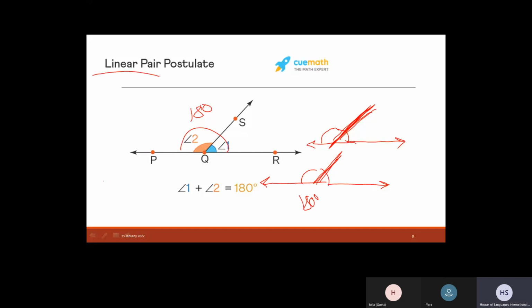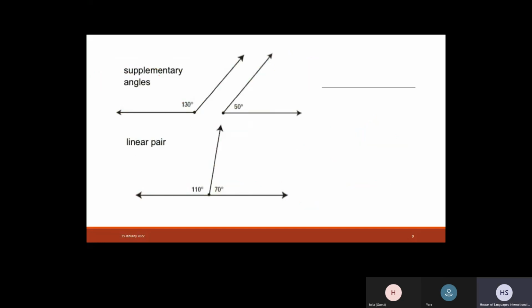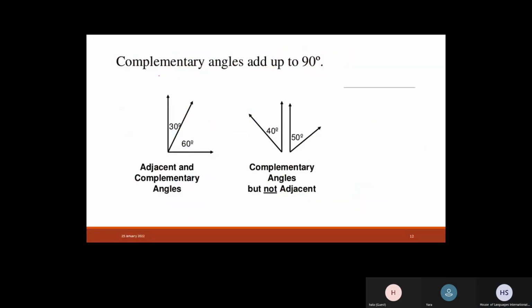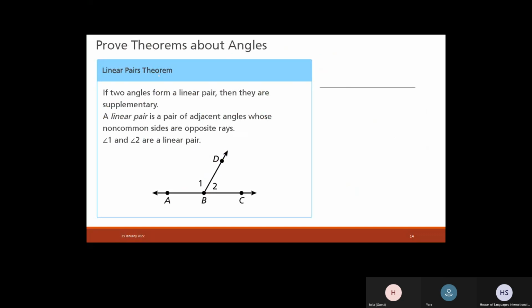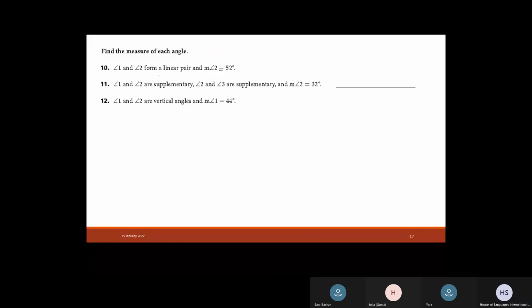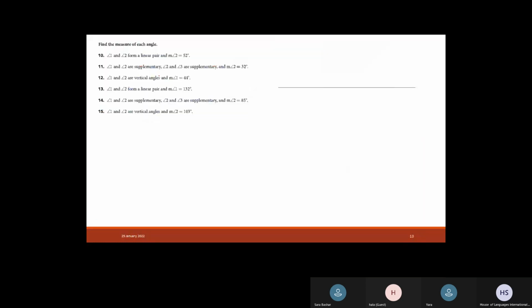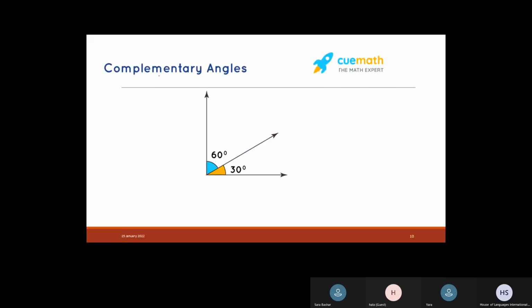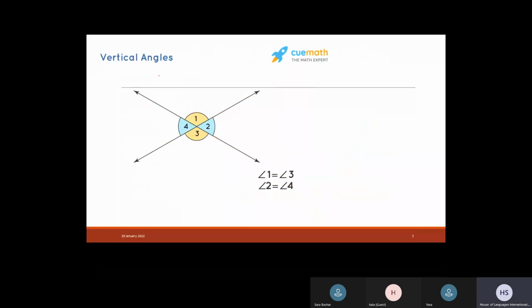What did we say yesterday? The vertical angles. Angles 1 and 2 must add to 180, but 1 and 3 must be equal, and 2 and 4 must be equal.